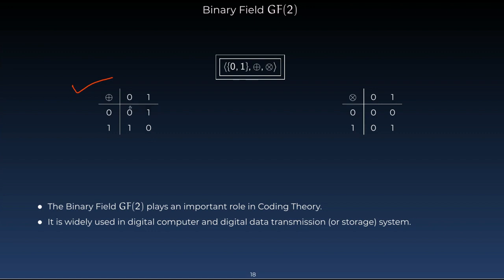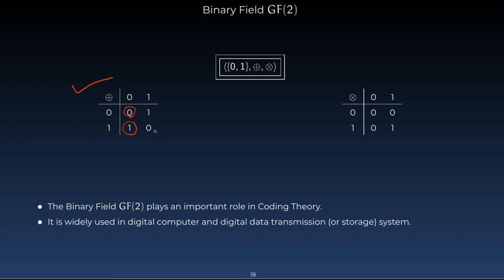From this Cayley table, it is clearly visible that it is closed under modulo 2 addition. It is associative, it is commutative. The identity element is 0, so 0 is our identity element here, and 1 is the additive inverse of 1, 0 is the additive inverse of 0.